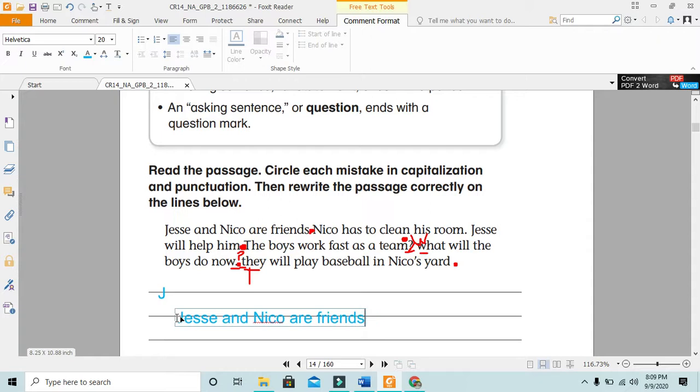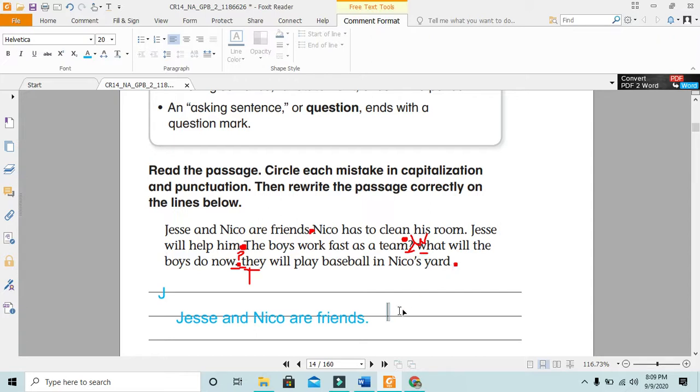Like what we did? Yes, we put a period. Then you go on. You have to follow this way. When you read the paragraph again, you have to put the capitalization, the period here, period, another one, capital W, question mark, and you have to finish it with a period.